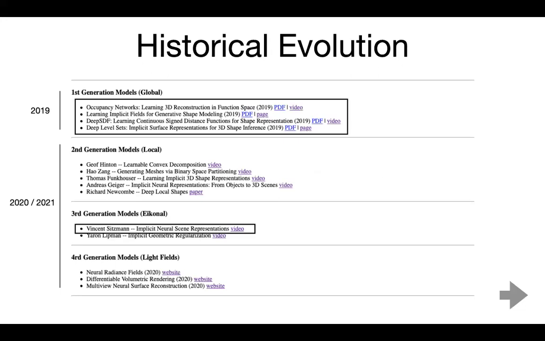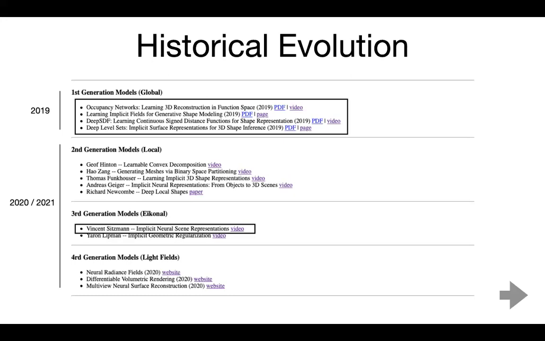They have variants, but they're basically on the same idea that I'm going to describe next. And then from that on, 2020, 2021, 2022, further generations, second generation models, third generation models, fourth generation models, and the thing keeps evolving. So this is the state of the art in machine learning.